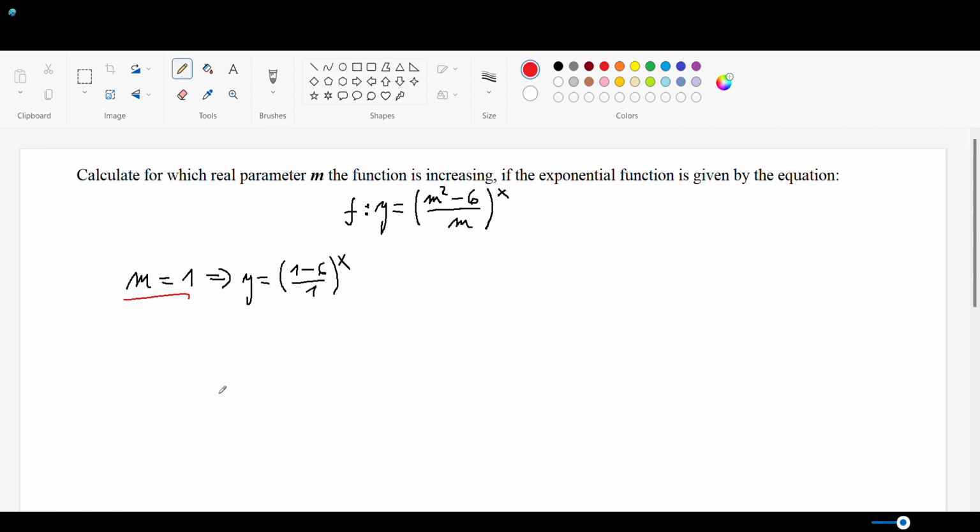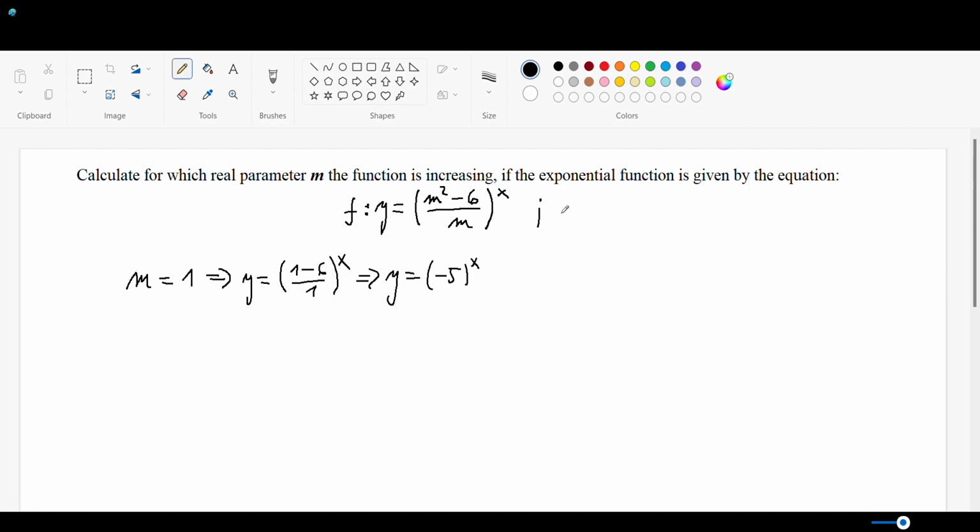It really means that there can be any number, and as it is called a parameter, depending on its value the function will behave in different ways. So in this case our function is defined by the equation y equals (-5) to the power of x.